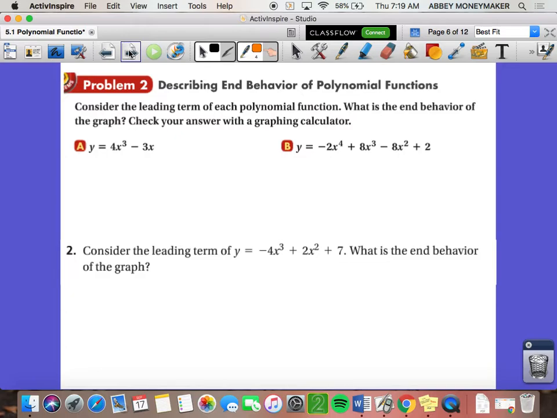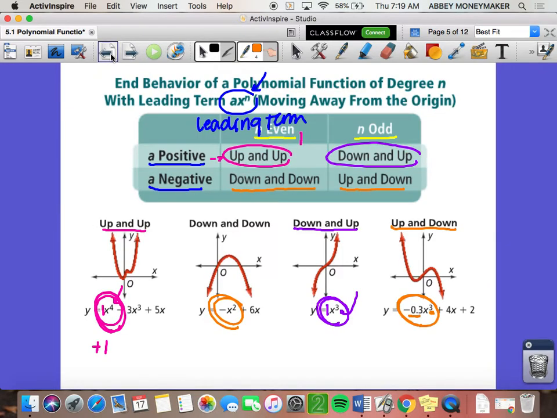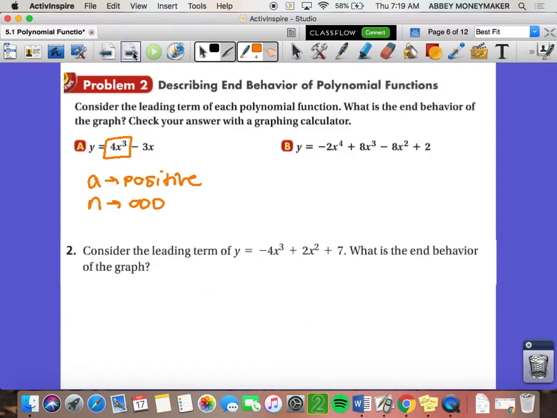And on A, we are. So I'm going to look at my leading term, and my a value is positive, and my exponent is an odd number. So let's go back to our chart. If I'm positive and I have an odd exponent, that means I'm going to be down and then up.